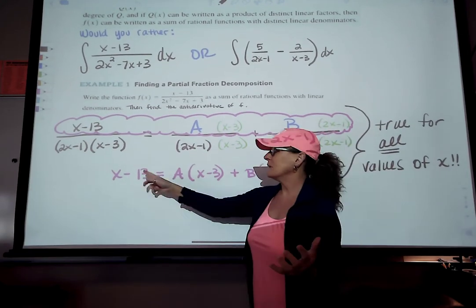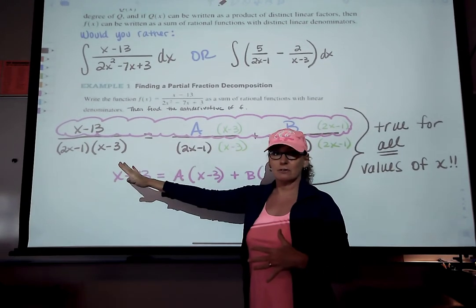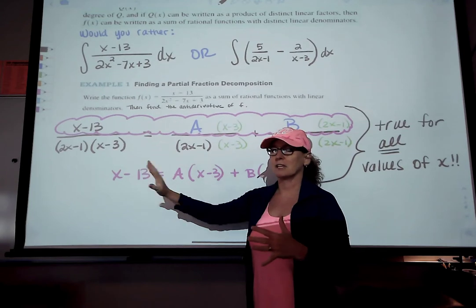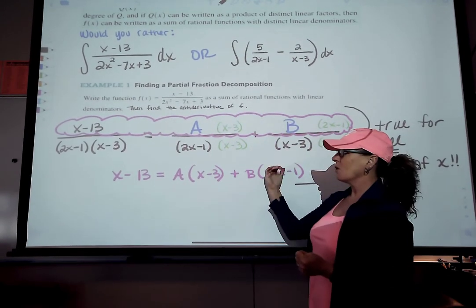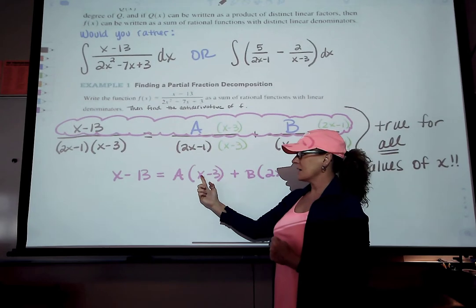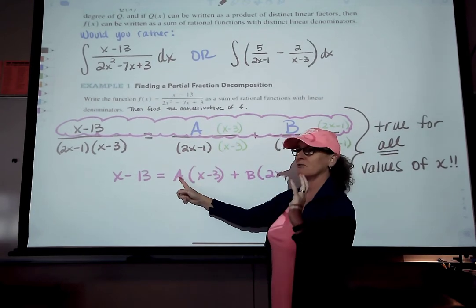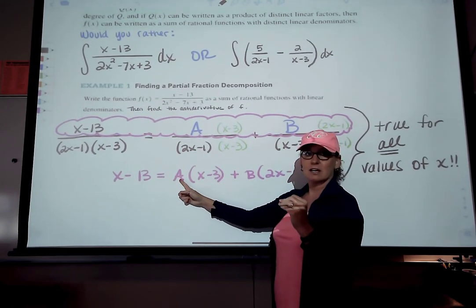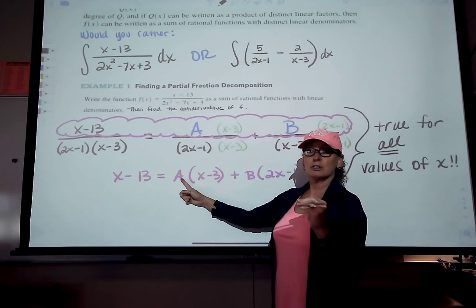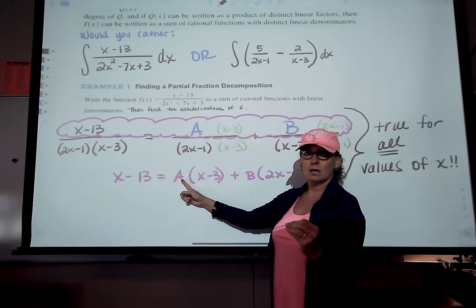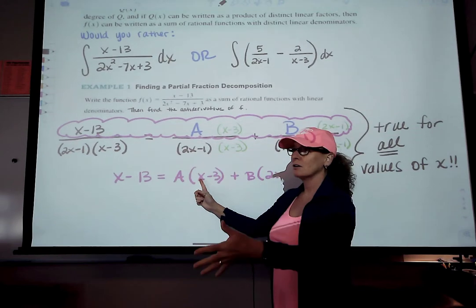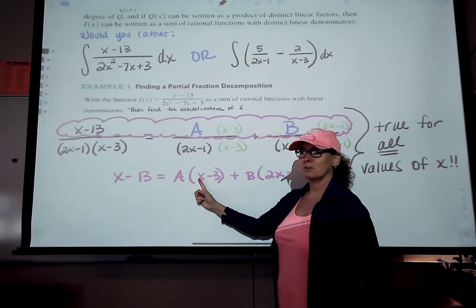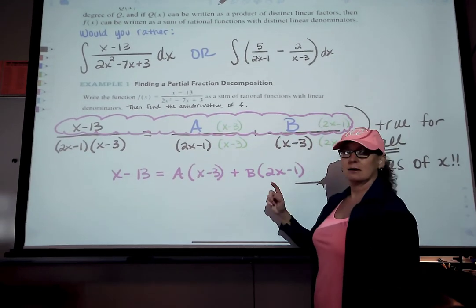And there's also an x scattered throughout that's an additional variable that's really in my way. But since this is true for all values of x, is there an x value that you could choose that would wipe out all of your extra variables and you could just solve for B?